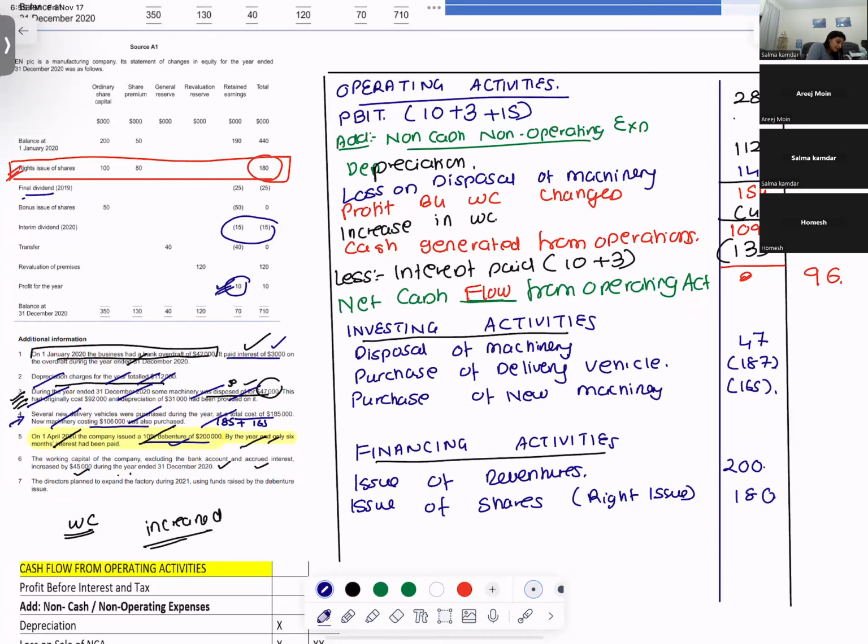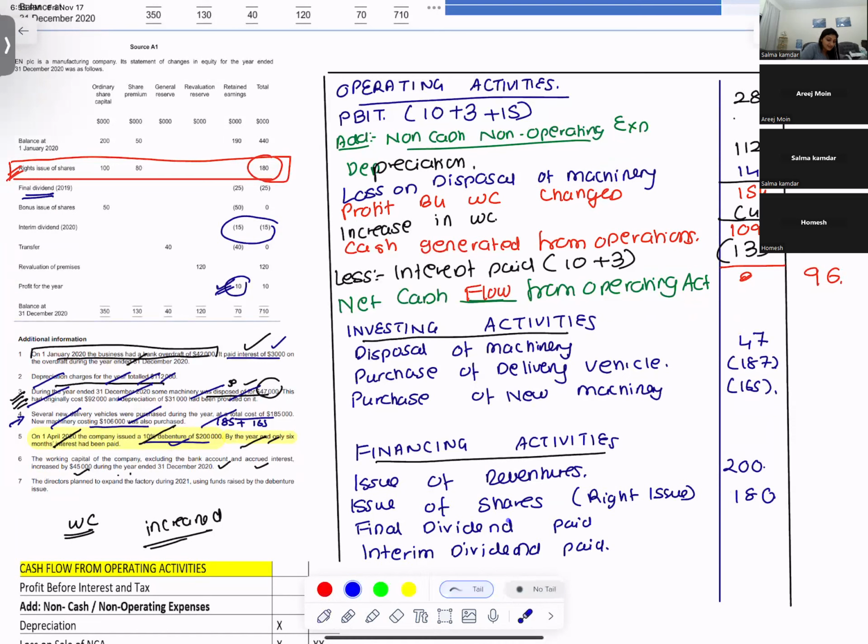Dividend paid. How much is your total dividend paid? I have paid final dividend, a financing activity, and I have paid interim dividend. Remember, in financing activity you will record total dividend paid.